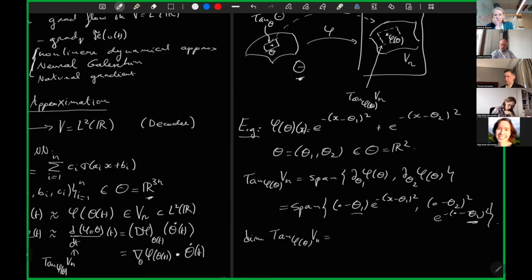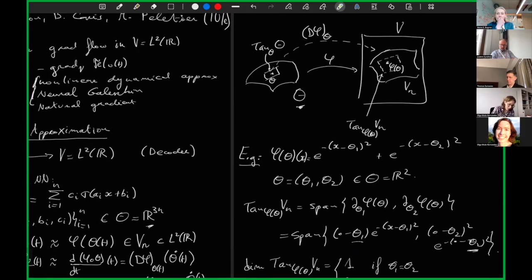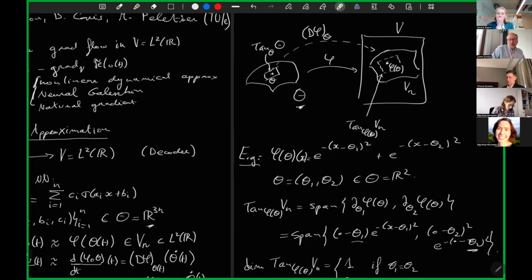And this translates into the fact that the dimension of the tangent space here is going to be equal to 1 if the two parameters are the same, and equal to 2 if they are different. And so you see that the dimension of this tangent space differs from the one of the original parameter space. This is connected to the overparameterization of the manifold, and is going to make working in this type of setting very challenging.